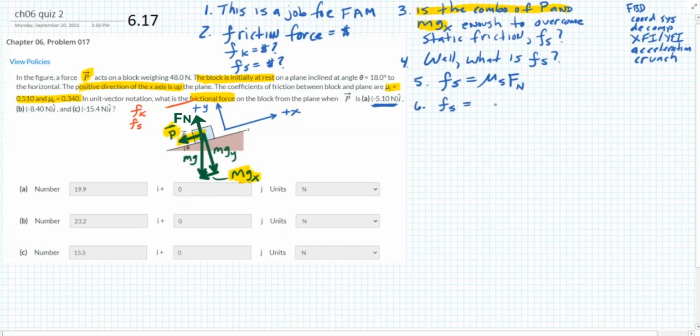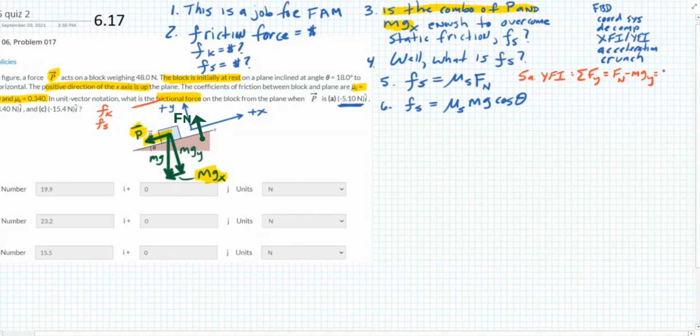Specifically, here's how much static friction I have. I have mu sub S times the normal force, which is mg cos theta. We've seen that. And technically speaking, if I wanted to be airtight, I would maybe do a 5a and do a y force inventory, saying that the sum of all y forces is the normal force going up and mgy going down equals mass times acceleration.